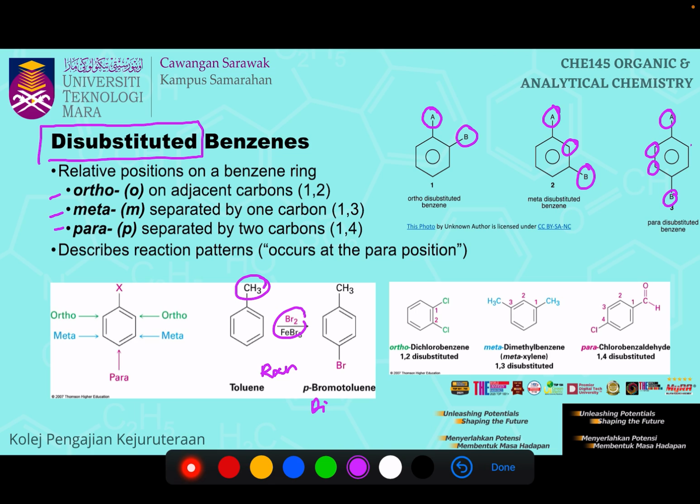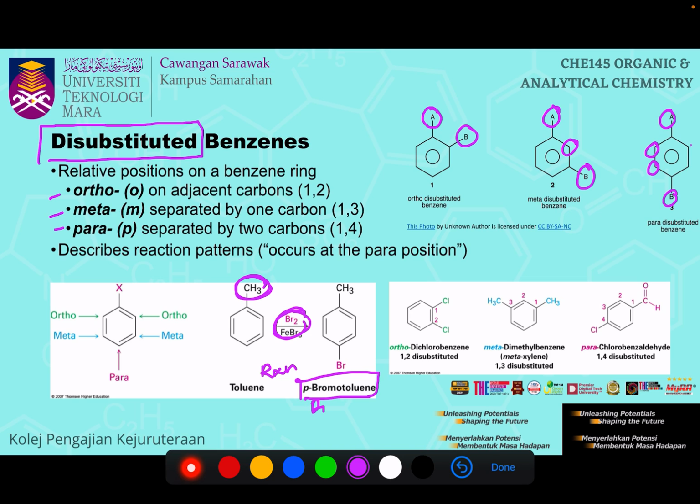So in this case, we have the presence of the methyl group already. Now we want to add in a halogen to this toluene. The reaction is here. So what happens is that it will give you another product, that is the bromotoluene.